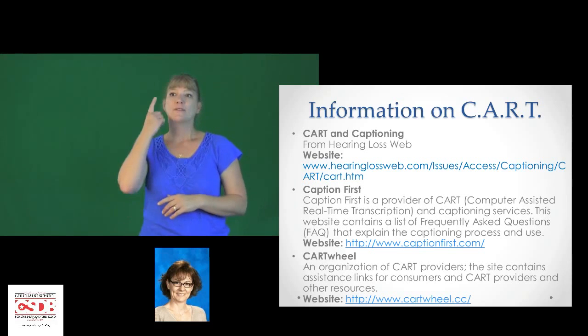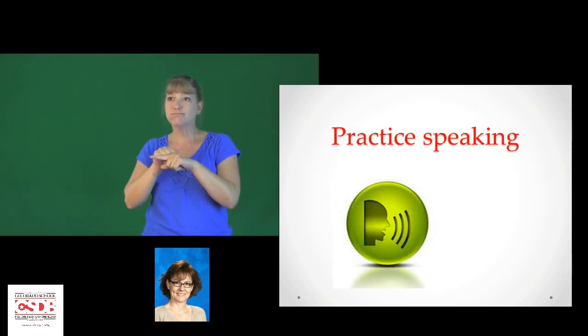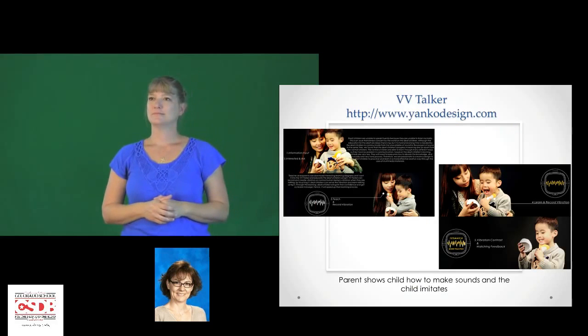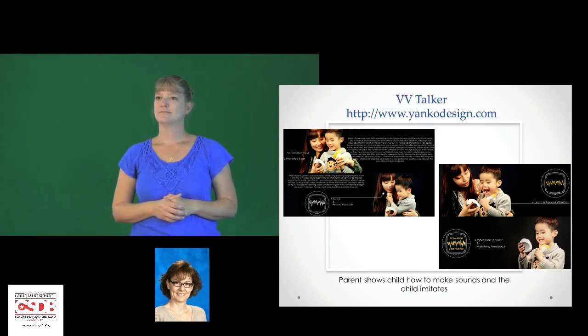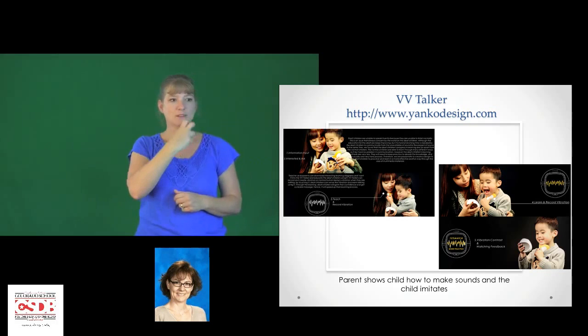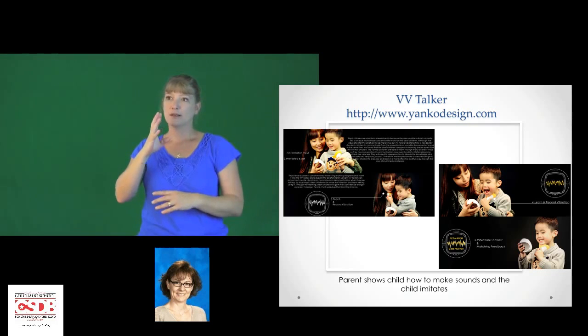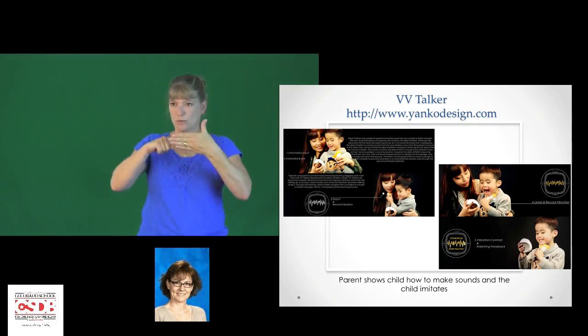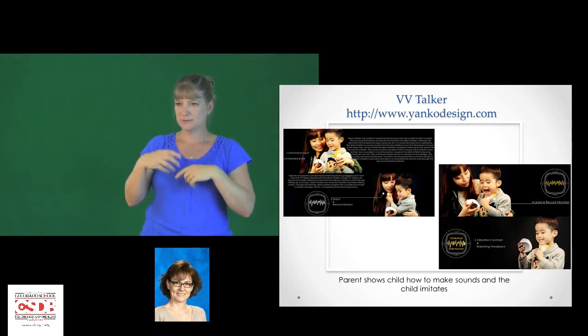Now for practice in speaking, there's a device called a VV talker. So the parent or the speech pathologist will speak into the device, and it will show a graph of the word on a screen.